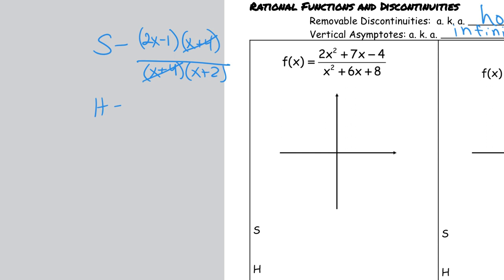If there's a hole, it's a point, which means you have an x value and a y value. The x value is going to be whatever that solves for, so it would be -4. But to get the y value, you have to plug it into your new simplified equation. We use this simplified equation right here for all the rest of our SHRATEY. So if you plug it in, what do you get?